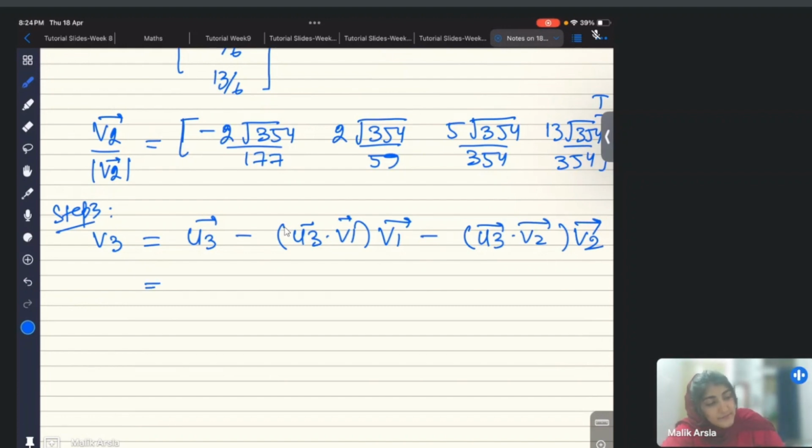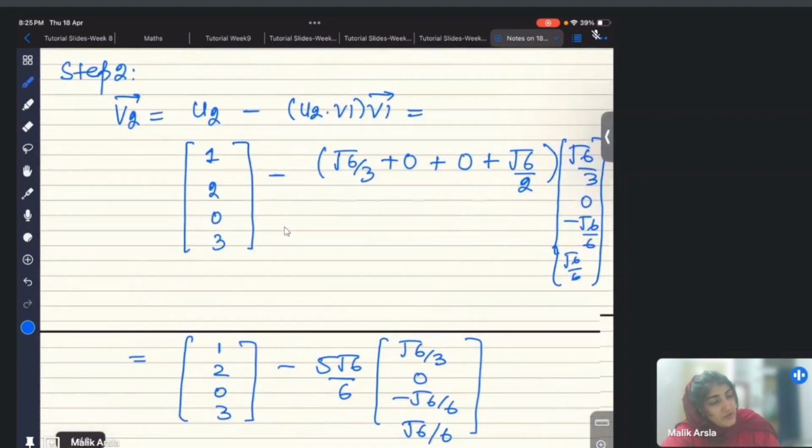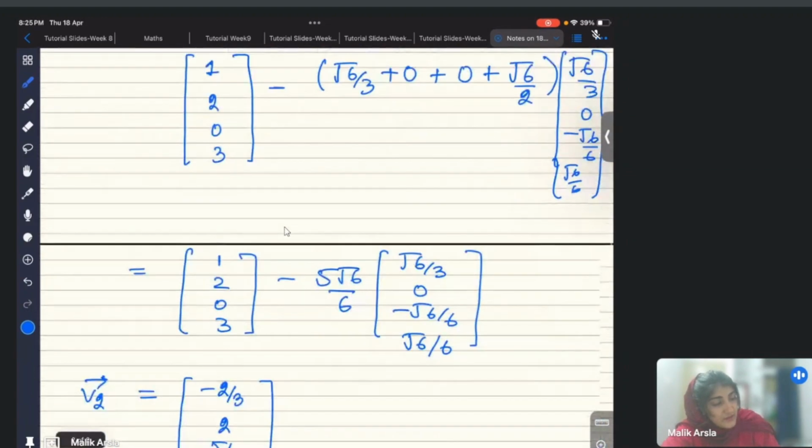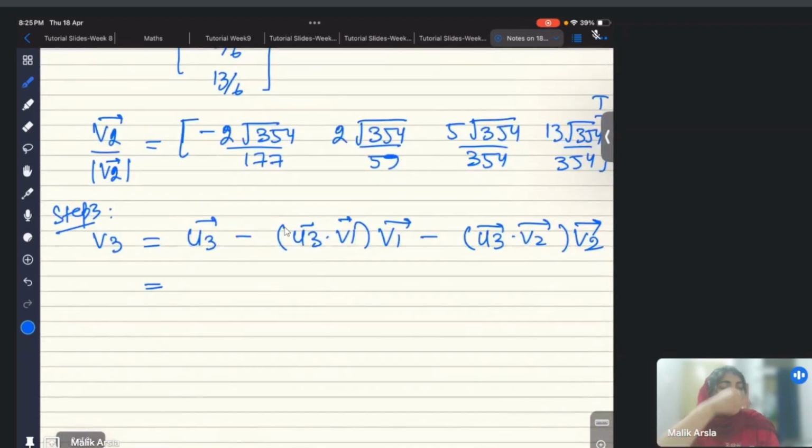So it will be simply equal to u3 vector, which we have already been given, then we have to find u3 dot v1 into v1 as we did in the previous step, and similarly u3 dot v2 into v2.